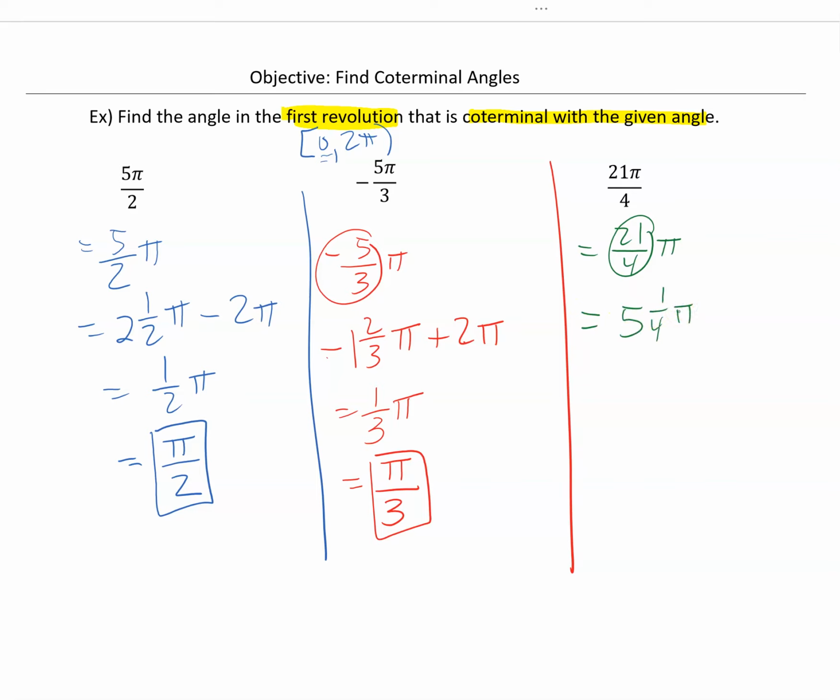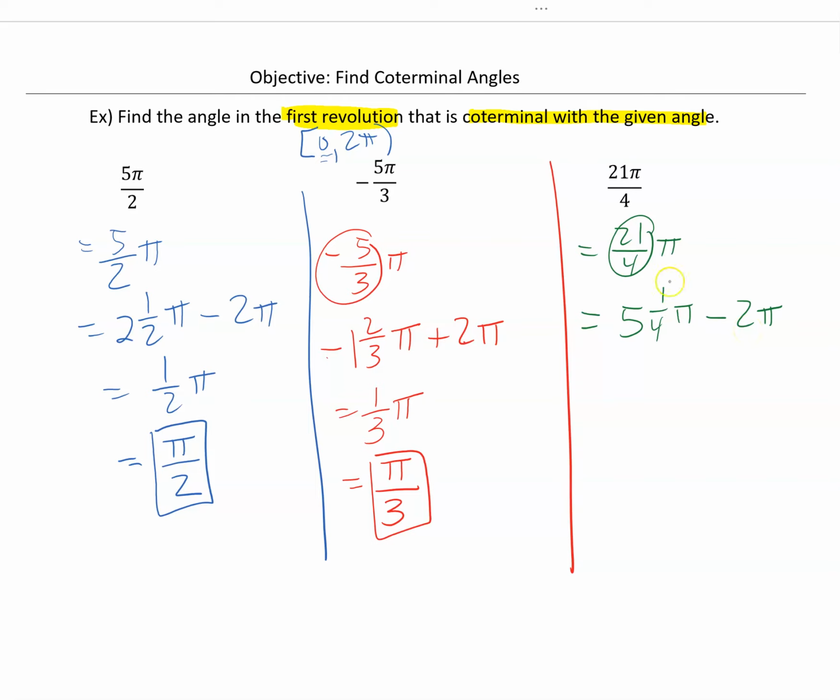And so here, now you could do this a couple of different ways. One is to realize that subtracting 2 pi, which is 1 full revolution, to get us into that first revolution of 0 to 2 pi radians wouldn't be enough, and to realize that you're actually going to have to subtract 2 full revolutions. So that you could subtract 4 pi all at once. If you don't realize that, that's okay, because you can subtract separately.